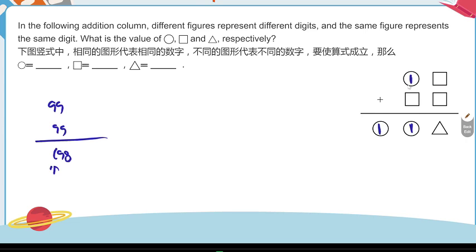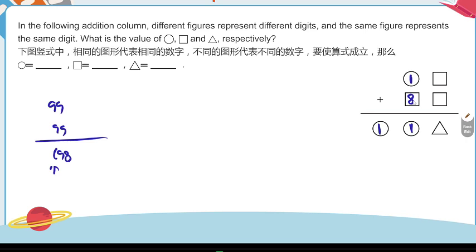And let's have a look at it. For the 1 here, 1 plus what will equal 11? 1 plus what here equals 11? Is it possible for this place to be 8?